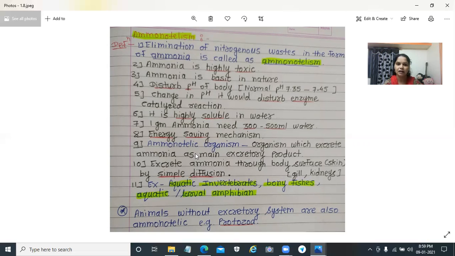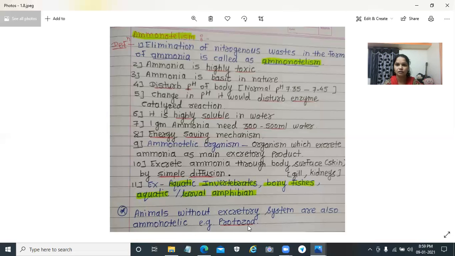Organisms which excrete ammonia as an excretory product are called ammonotelic organisms, like aquatic invertebrates, bony fishes, and aquatic and larval amphibians. Another example is protozoa. We know about amoeba.